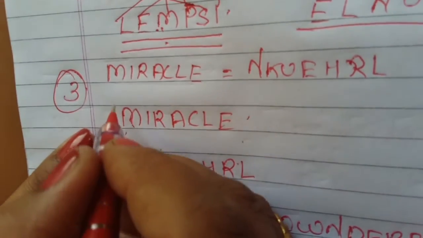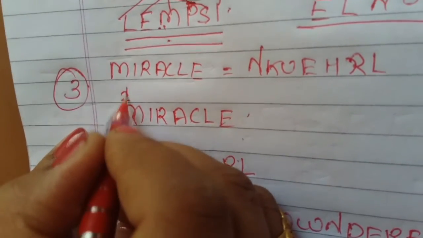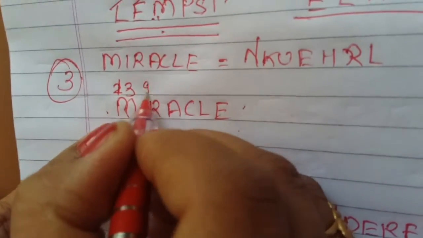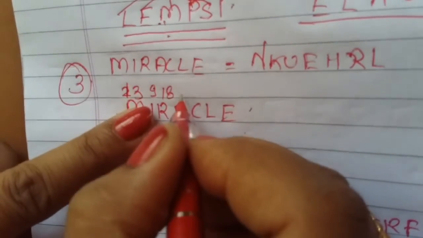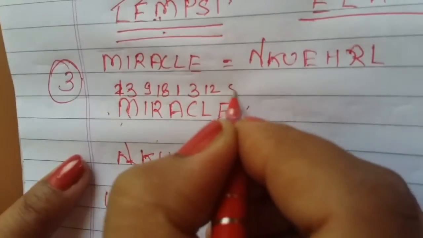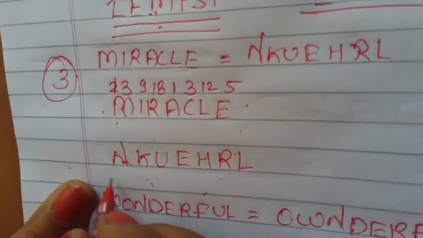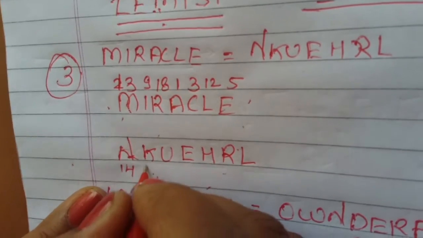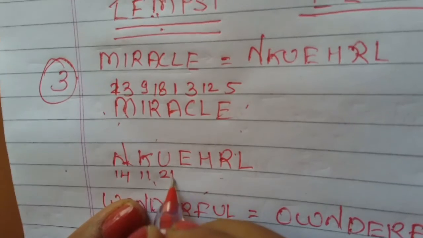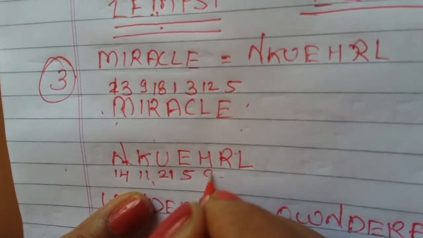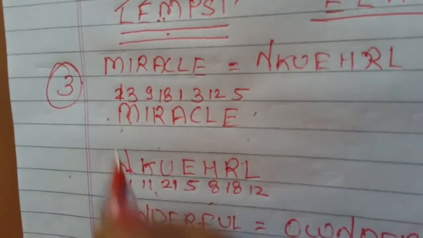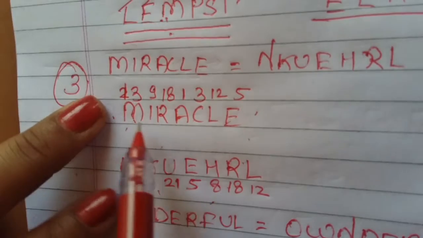So M goes 13, according to the alphabetical order. I 9, R 18, A 1, C 3, L 12 and E 5. In the same sense, N goes 14, K 11, U 21, E 5, H 8, R 18 and L 12. Can you see any kind of pattern in them? Yes, we can see.